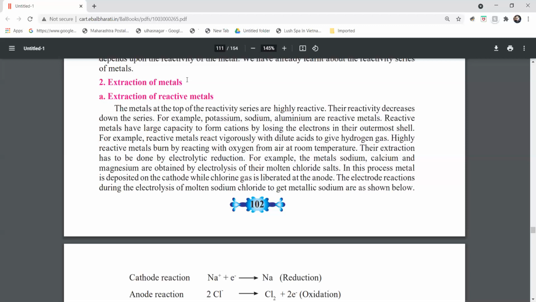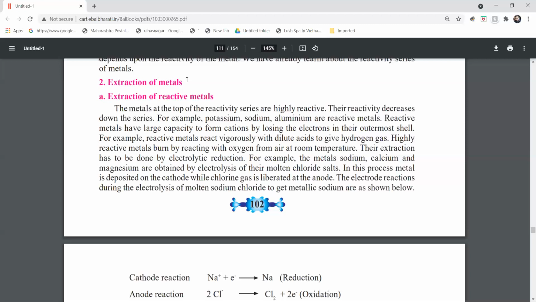Reactive metals react vigorously with dilute acid to give hydrogen gas, which is an example of that. You can also have highly reactive metals that burn by reacting with oxygen at room temperature. A good example of that is sodium, and their extraction is done by the electrolytic method.